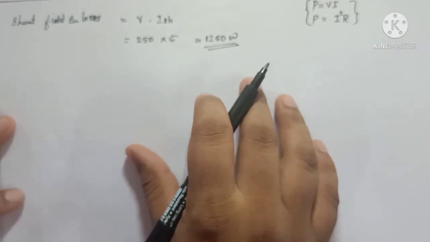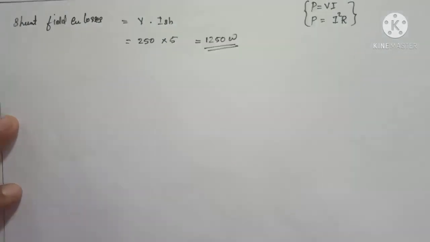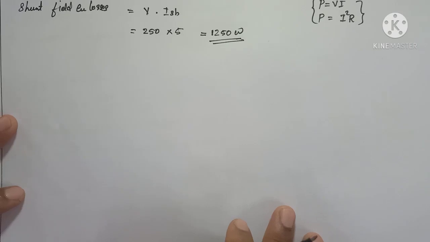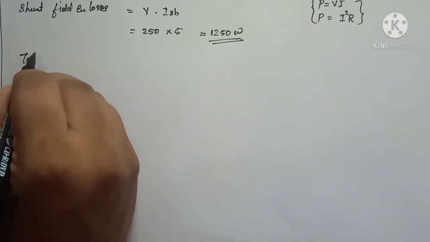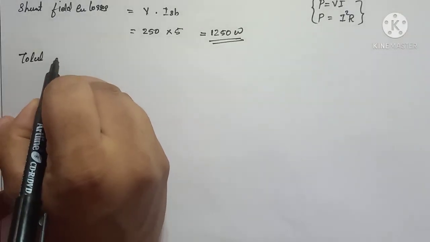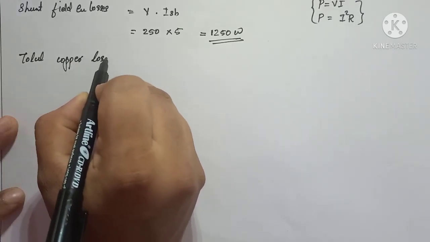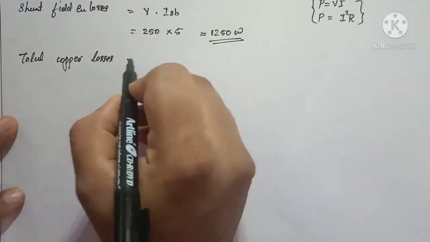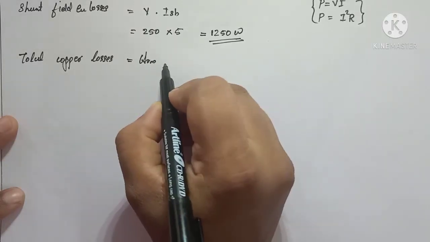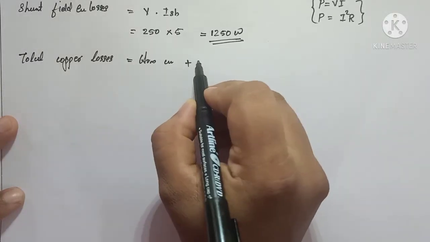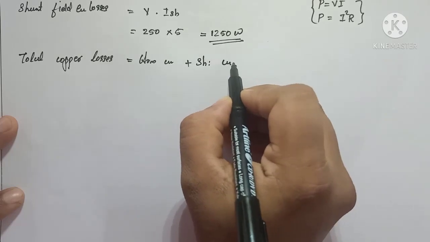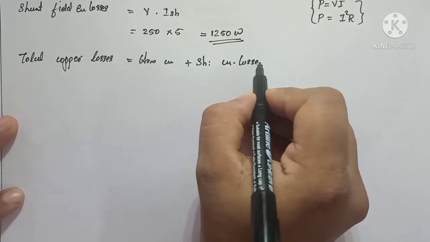So we can calculate the total copper losses. Total copper losses is equal to armature copper losses plus shunt field copper losses.